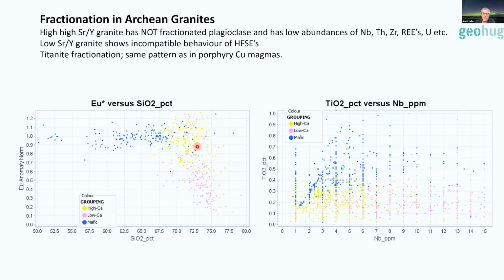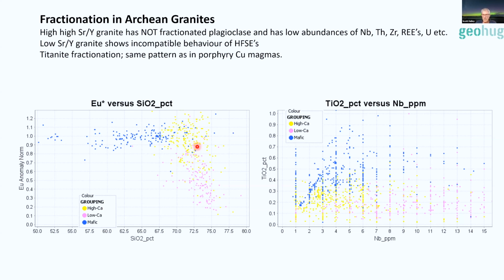So because there's more calcium in the melt, it's not going out into plagioclase, those magmas are crystallizing calcium titanium minerals rather than magnetite or rutile or ilmenite. And as soon as titanite starts to crystallize, it takes up all those high field strength elements.